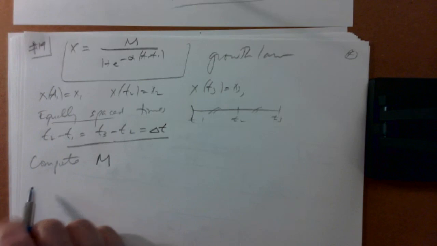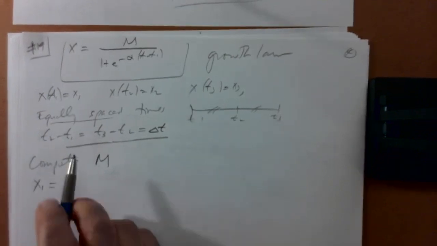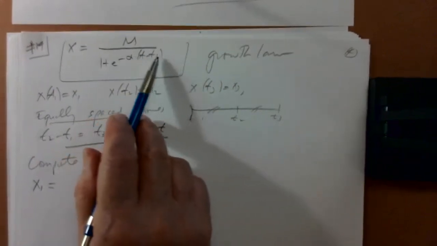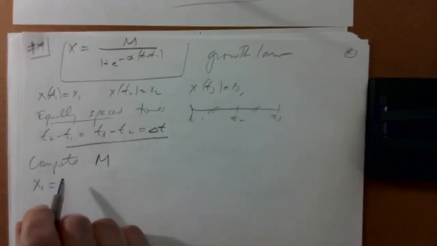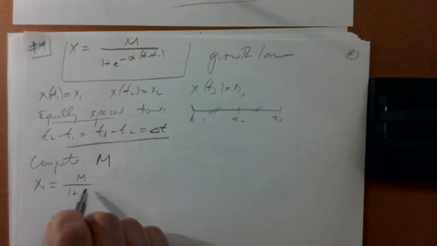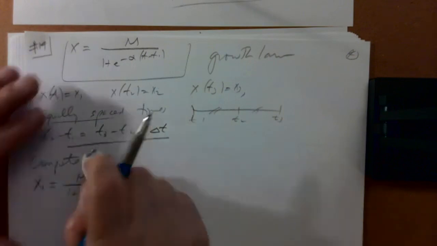So we're told that x1 is, let me just use this for T1, why not? Let's see if it works. M over 1 plus e to the minus alpha times 0. Sorry, maybe that's not a good thing to do.